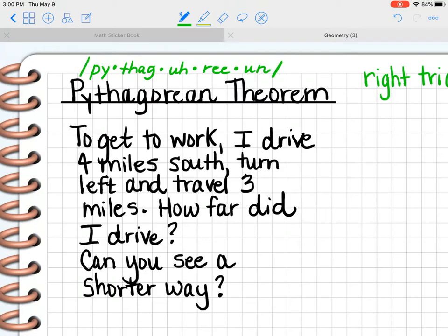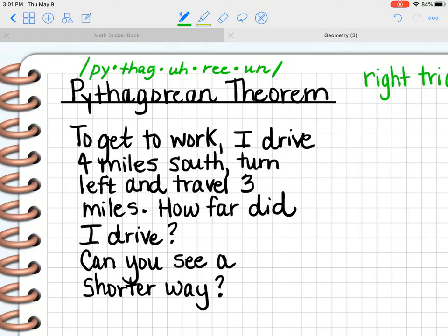Pythagorean. This is sometimes called the Pythagorean relationship. I learned it as theorem. So basically that means the Pythagorean rule. That's another way that you could say it.